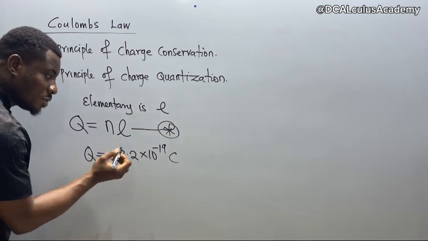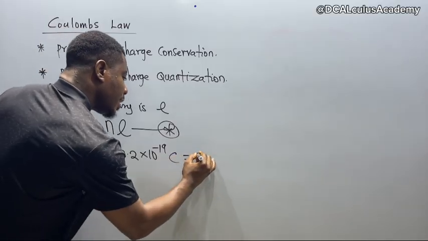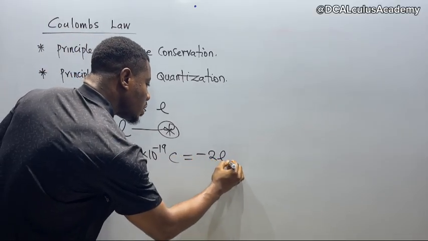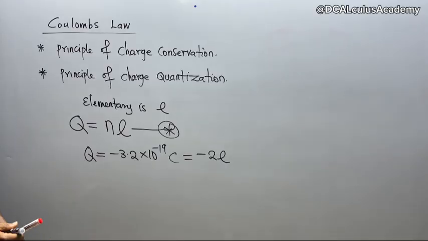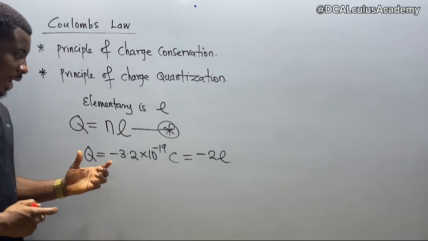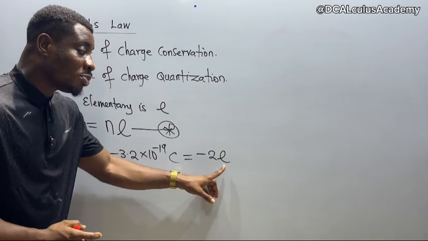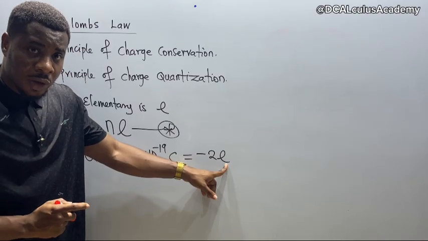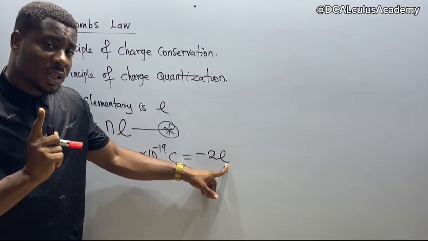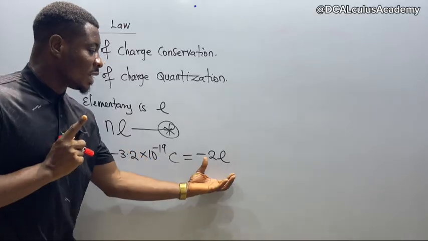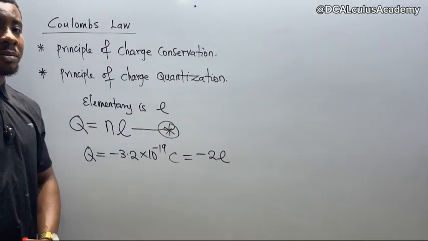This can be written as negative 2e. You can see that I have been able to write this charge as a whole number multiple of the elementary charge. So by the principle of charge quantization, I should be able to place every charge as a whole number multiple of elementary charge E.